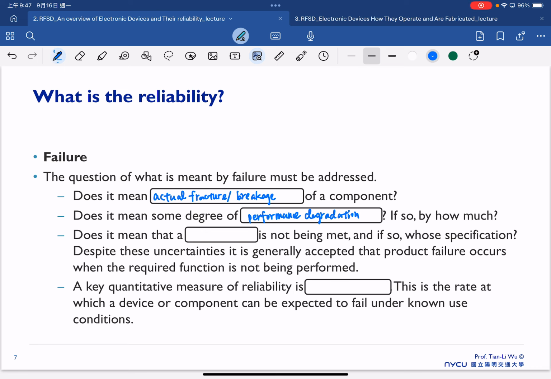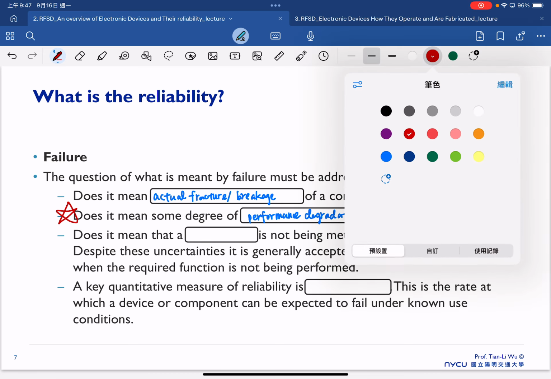That means a certain important characteristic has shifted by a certain amount, and then we can consider that a failure as well. Actually, in the semiconductor domain, we prefer to define it as a certain degree of performance degradation rather than consider the actual breakage or actual fracture here.